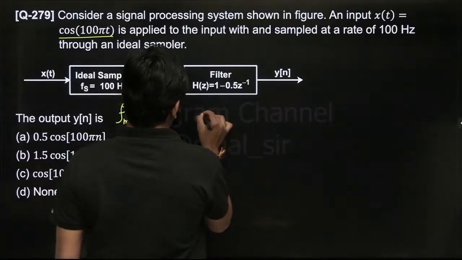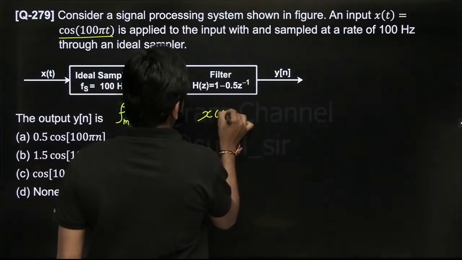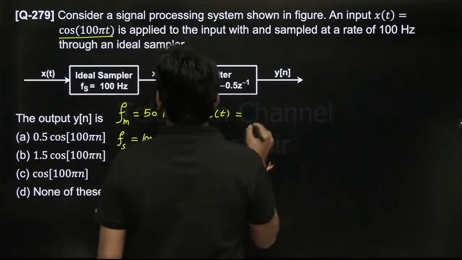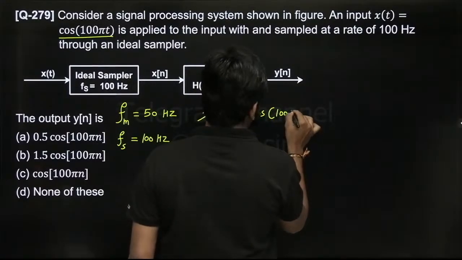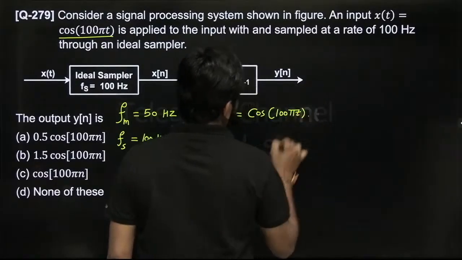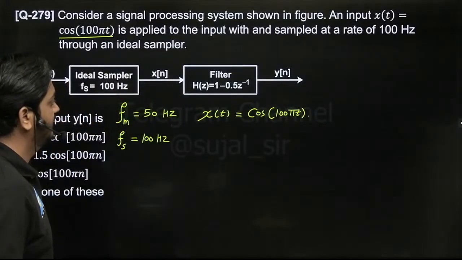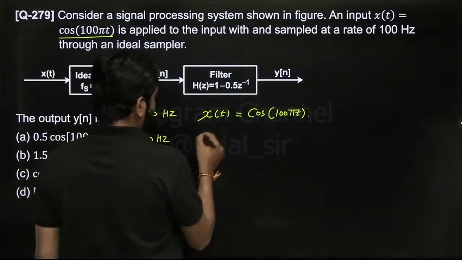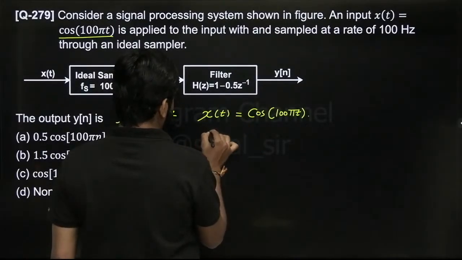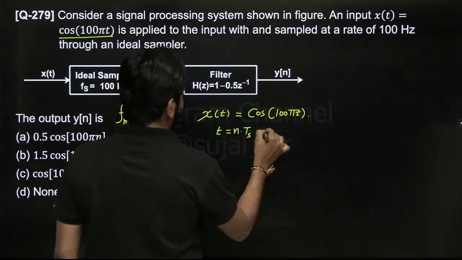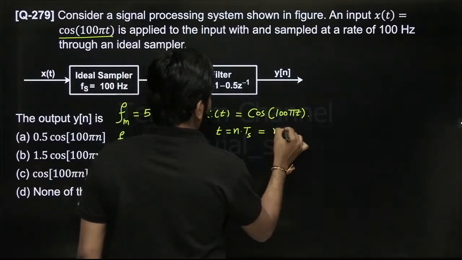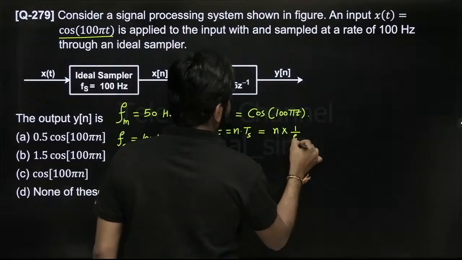So first of all you have to find x of n. x of t is given: x of t is equal to cos 100 pi t. Here t becomes nTs, which is equal to n into 1 upon fs.